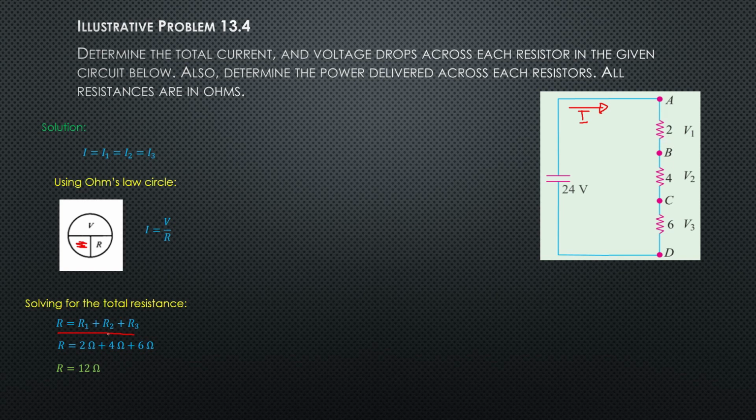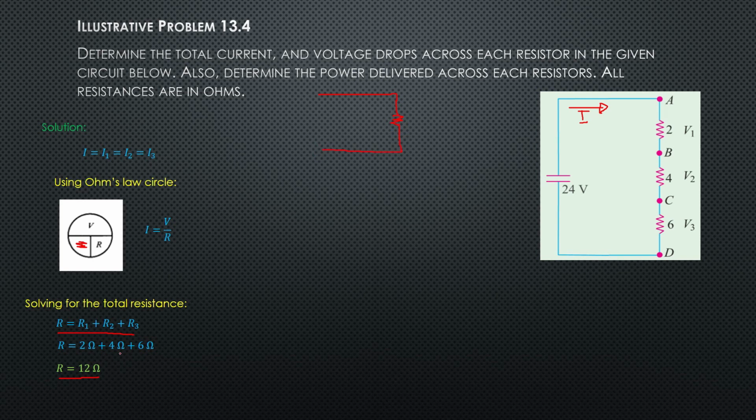R1 is 2 ohms, R2 is 4 ohms, and R3 is 6 ohms. So 2 plus 4 plus 6 gives us 12 ohms. This is the total resistance of the circuit, so this circuit has been simplified to a circuit similar to this one.